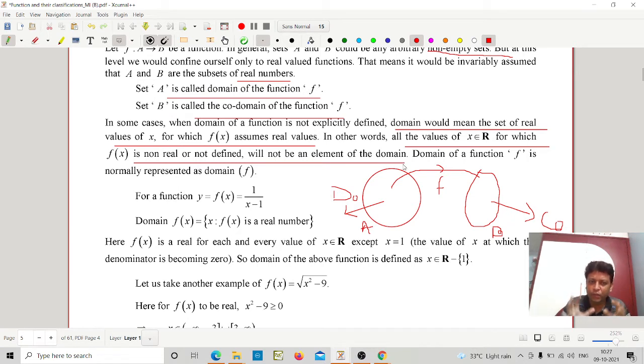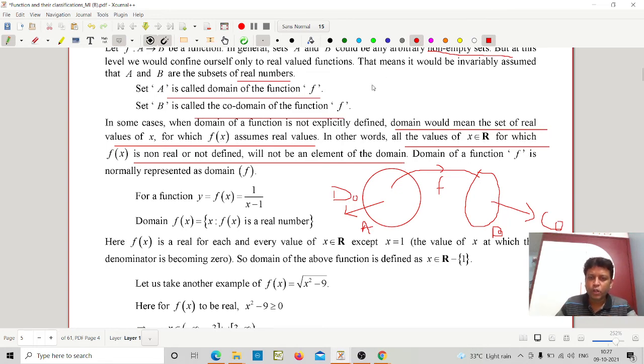Am I clear with the main concept of domain? Domain would mean the set of all real values of x for which f(x) assumes real values. Don't take those values which are non-real or not defined, so that won't be an element of the domain. That is my point.